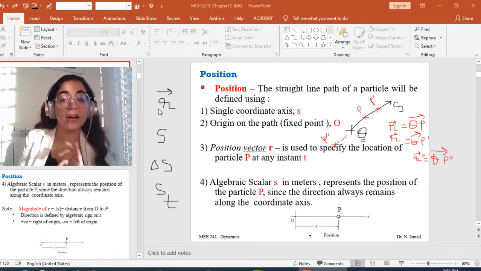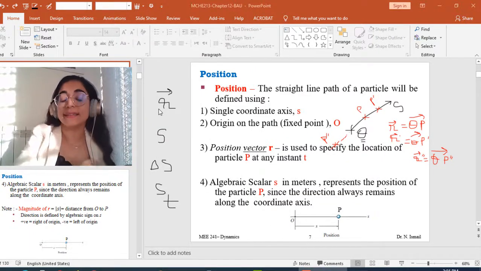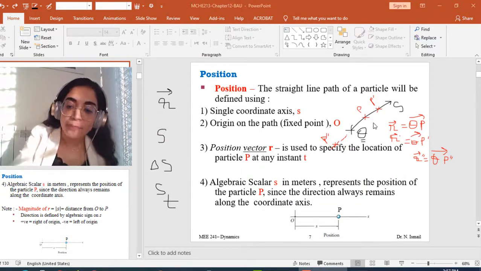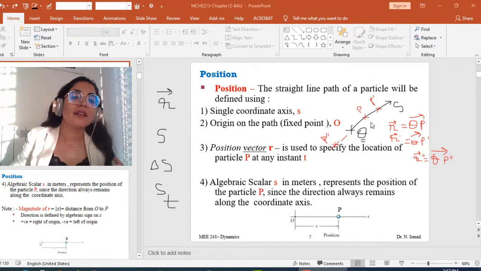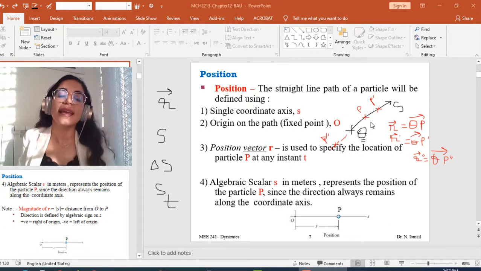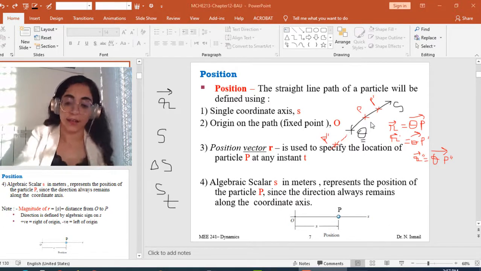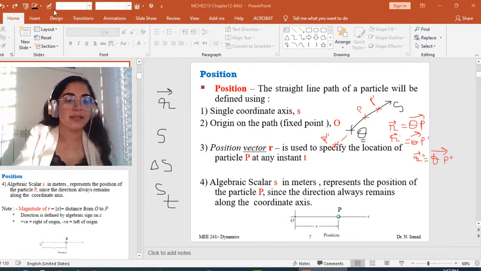So it's not the magnitude of R. No. S is the algebraic value of R. It is not a vector, but it is positive if P is at the right side of O with S, and negative if P is at the left side of O, which is the negative X. And this means, guys, that S is OP.